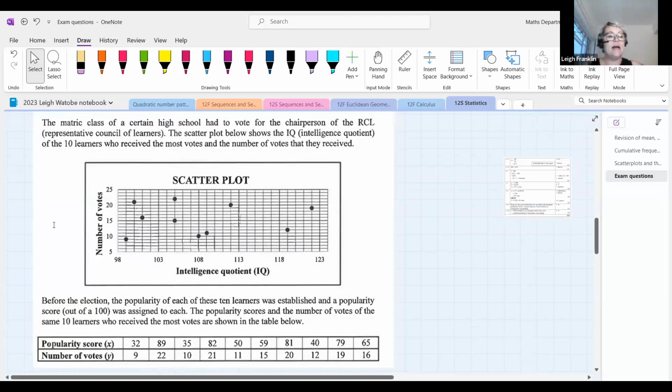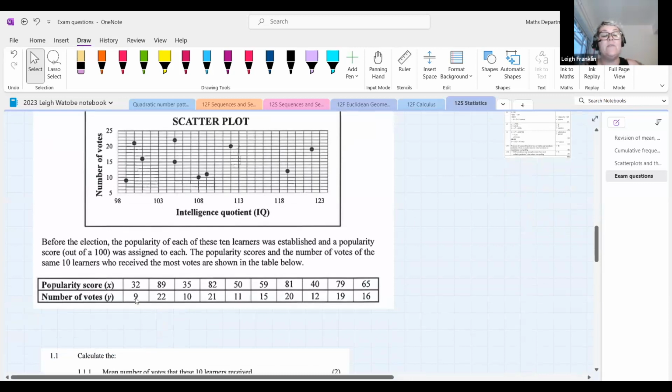Before the election, the popularity of each of these 10 learners was established, and a popularity score out of 100 was assigned to each. The popularity scores and the number of votes of the same 10 learners are shown in the table below. So there's their popularity score out of 100, and the number of votes they received is in the row below it.